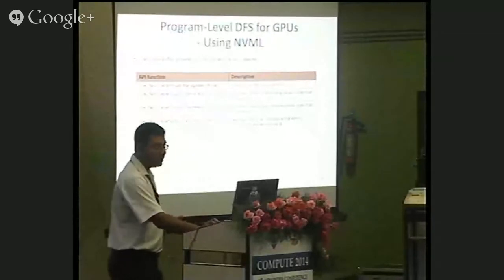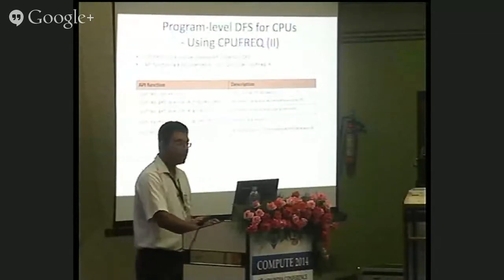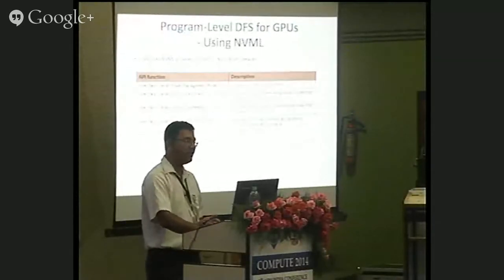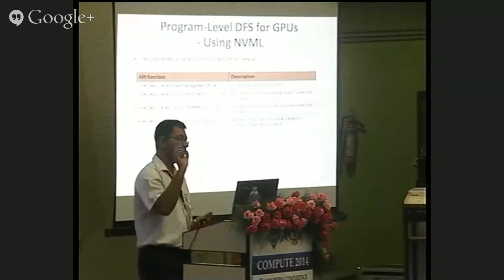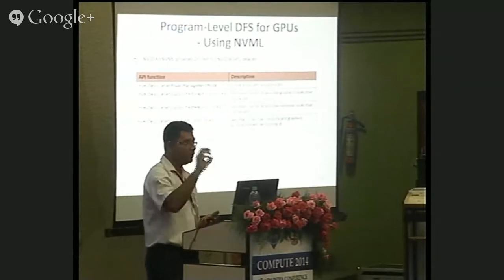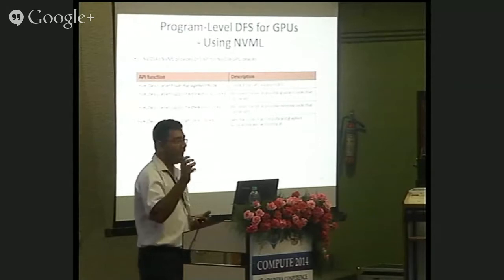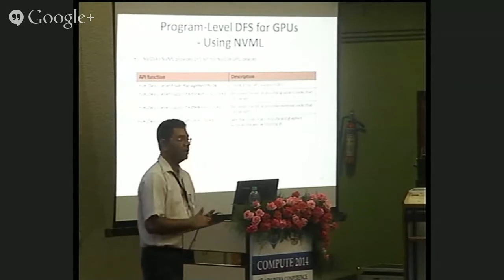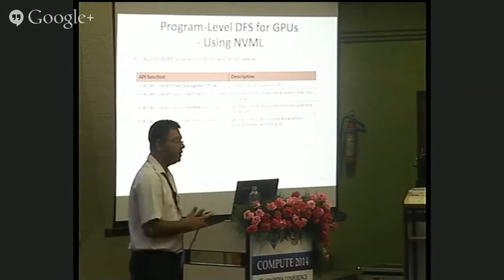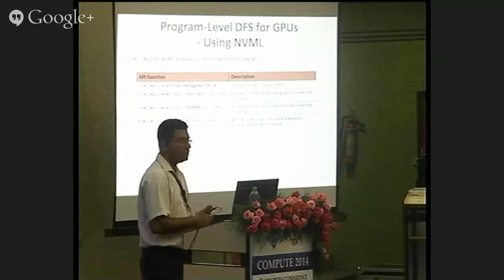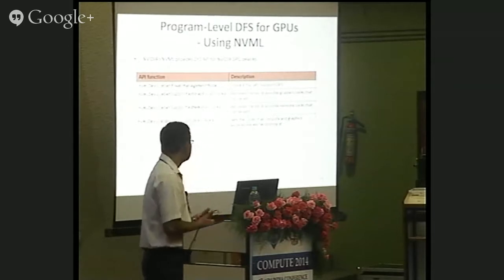Let's now look into how you can do program-level DFS using the NVIDIA Management Library. On the CPU, you can do DFS on the fly, but on GPUs that is not possible. You have to first set the frequency of the GPU core and the frequency of the memory, and then run the kernel. After that, if necessary, you can reset the GPU clocks back to their original values.